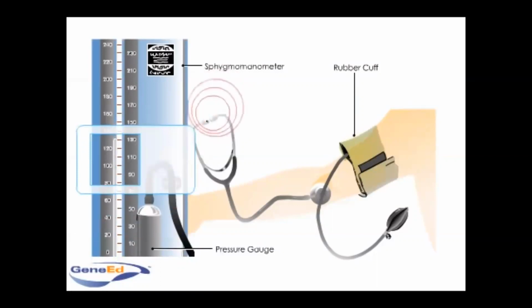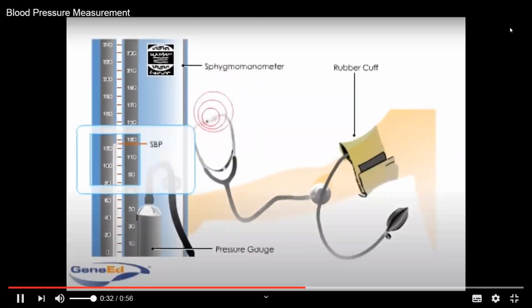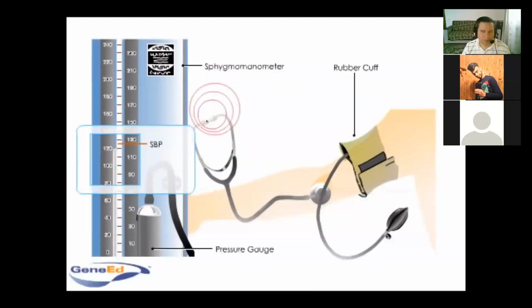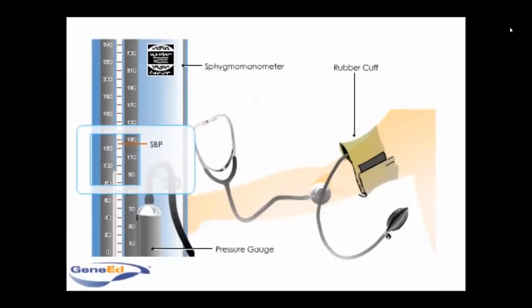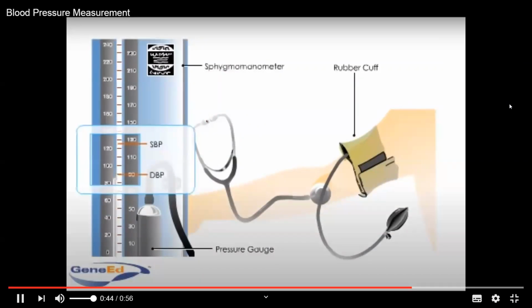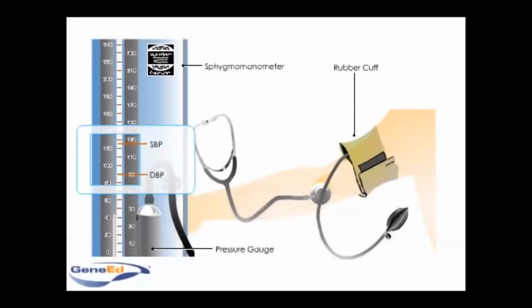The cuff is then slowly deflated. The systolic pressure is assessed when the first pulse sounds are heard. The diastolic pressure is assessed when the pulse can no longer be heard, usually at the point of maximum deflation. Blood pressure is read as the ratio of systolic pressure to diastolic. A reading of 120/90, therefore, indicates that the systolic pressure is 120 millimeters of mercury and that the diastolic pressure is 90 millimeters of mercury.